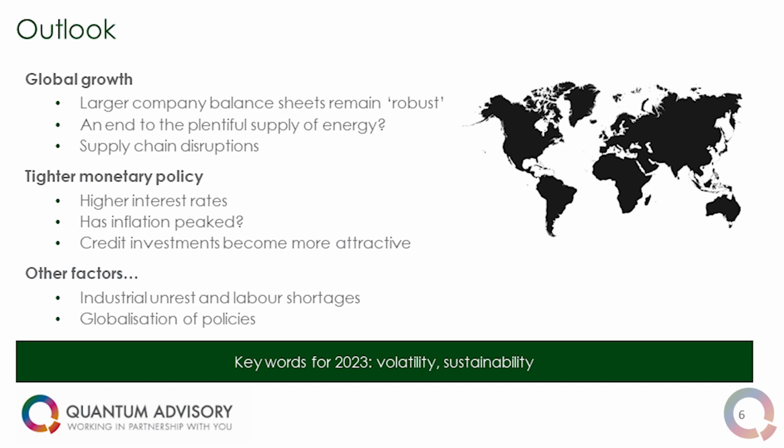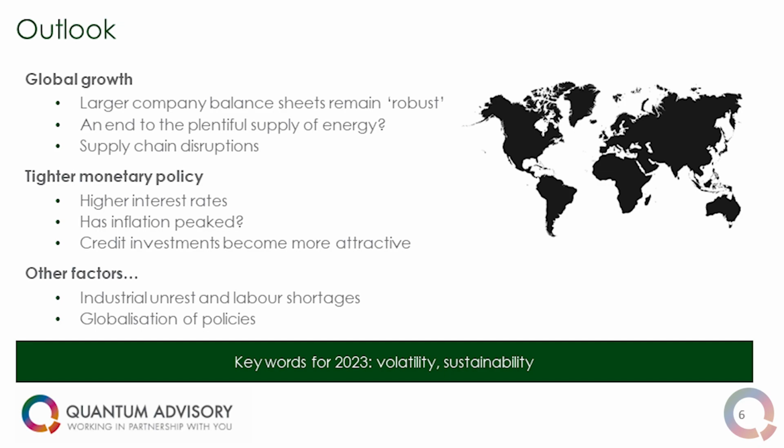That has reduced its value, and it means that refinancing for corporates is more costly now than it was. However, a lot of larger company balance sheets still remain quite strong. They're not stressed, they've got good earnings, and they've got good cash flow. So there is quite a supportive case there for a number of equity markets and for a number of larger companies.